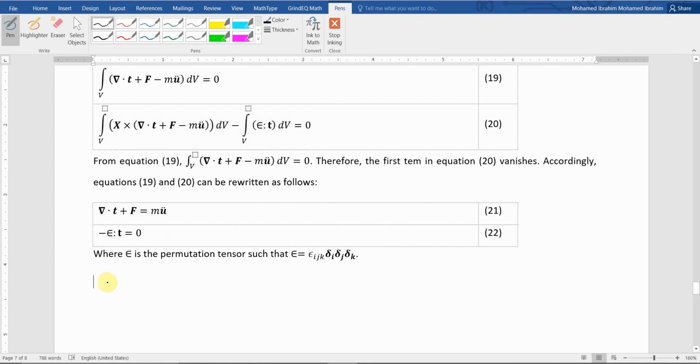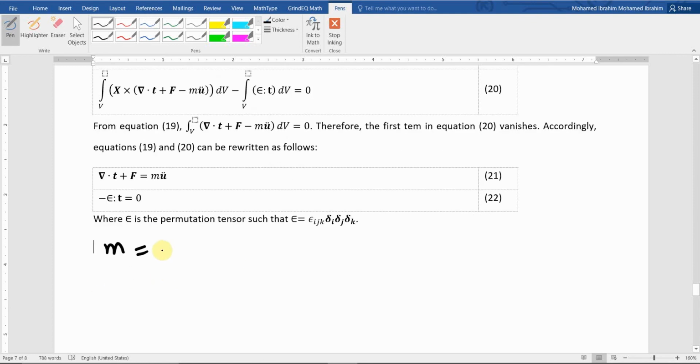The mass of the particle can be related to the density, or the mass of the continuum divided by unit volume. Why? Because, for example, you have a volume that consists of very small masses, and the number of these very small masses is huge, infinite, right?